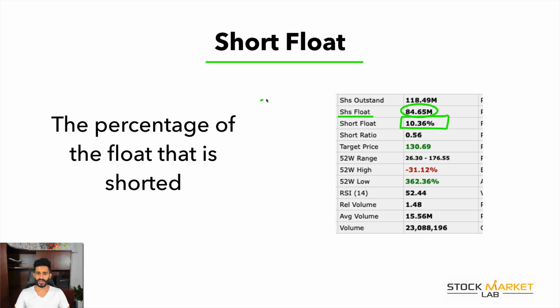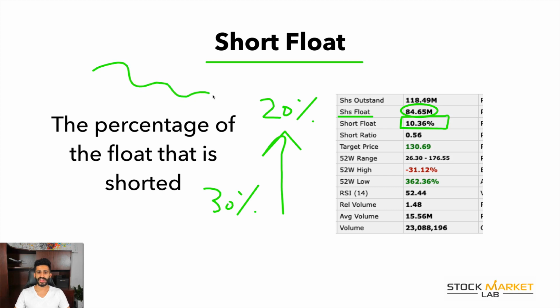Now, usually anything over 20% is considered high short float. Think about it. If there's a high short float of 20%, or let's say 30%, that means a lot of people are betting against the stock, which creates a lot of negative sentiment or negative news around that stock. And I'll get more into this in the upcoming videos.